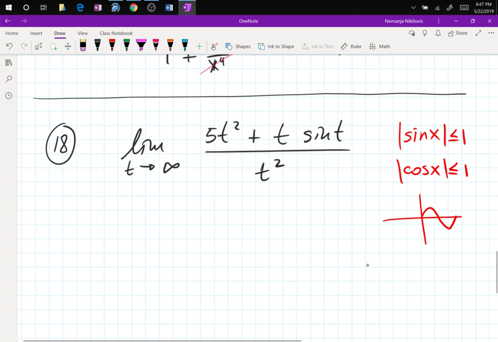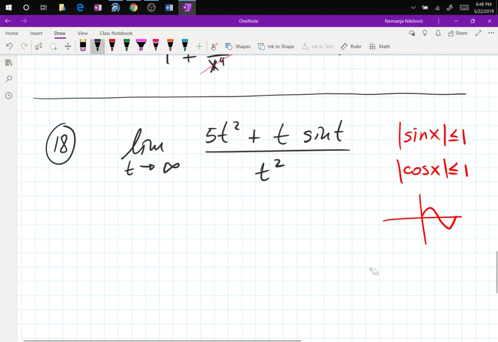It could be 0, it could be anything else, all the way down to -1. So we say it's bounded by 1. Because of that, you can just ignore it. You can replace it by 1, that's the most it can be, which is why it doesn't contribute to the limit calculation at all.